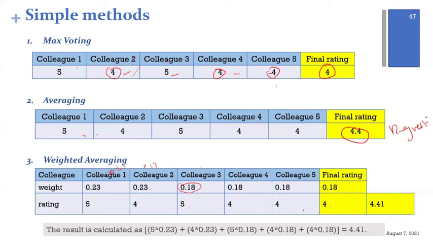So colleague 1 is assigned a particular value: whatever he picks counts as 2. If he says 5, it's like 2 people are saying 5. So this one is 1, this one is 2, this is 1, 1, 1. Whatever vote this man selects is going to be counted 2 times. We also do that in the voting.